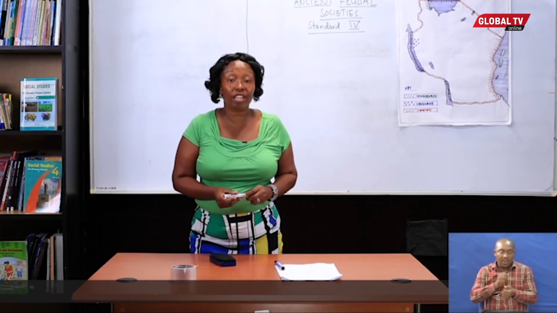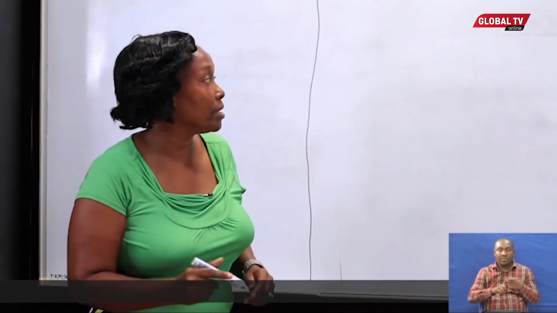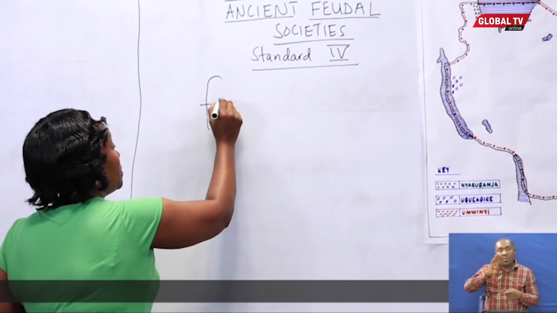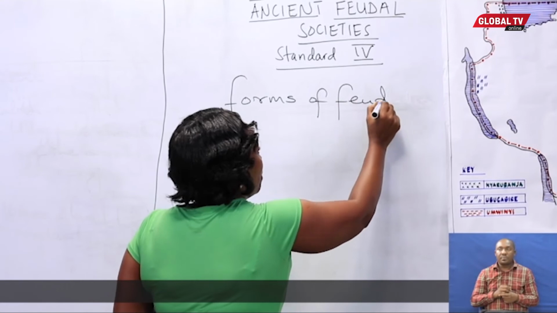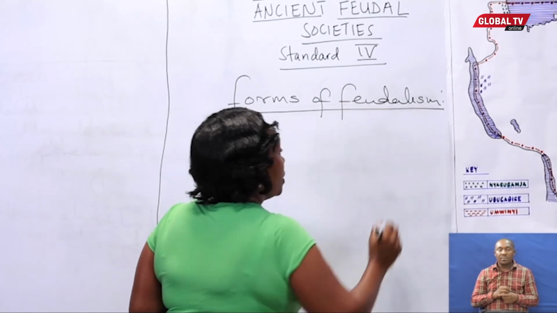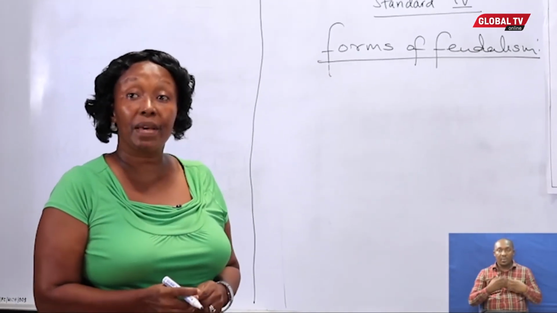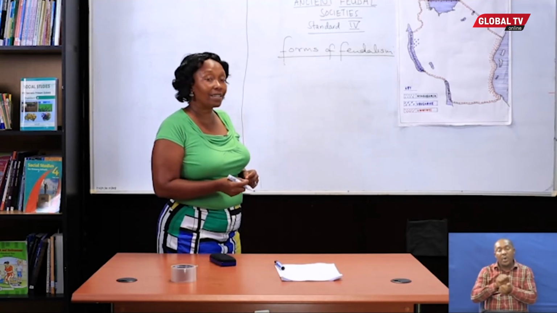Based on those reasons, we have 3 forms of feudalism. The first one is called Nyarubanja.